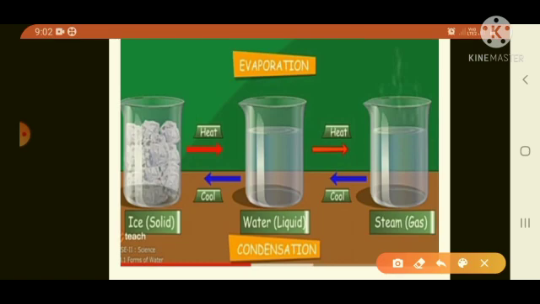Water vapor on cooling changes back into water. This is called condensation. Other forms of water such as rain, dew, fog, snow and hail are the result of evaporation and condensation that occur in the atmosphere. Okay, clear children?